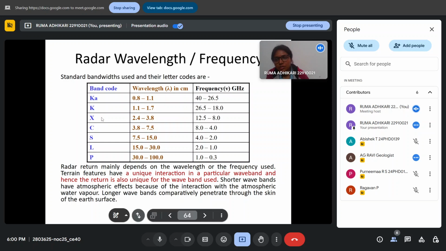And the X band is not commercially available. These are XK, KK, QX, which are normally accessed by security and military persons. X band we can still purchase, some are available. C band, the Sentinel-1 is available open source, one C band sensor.